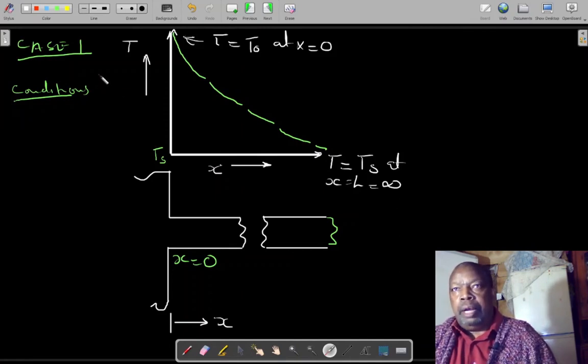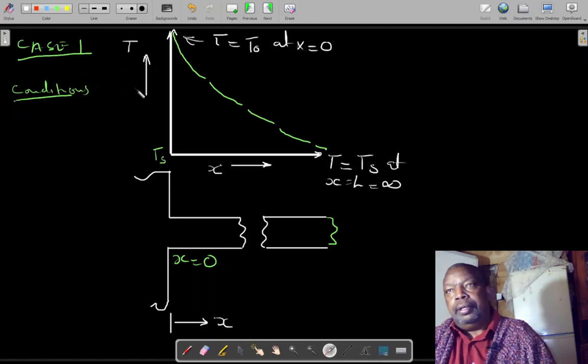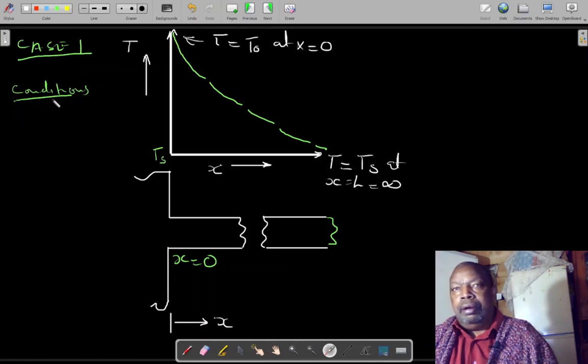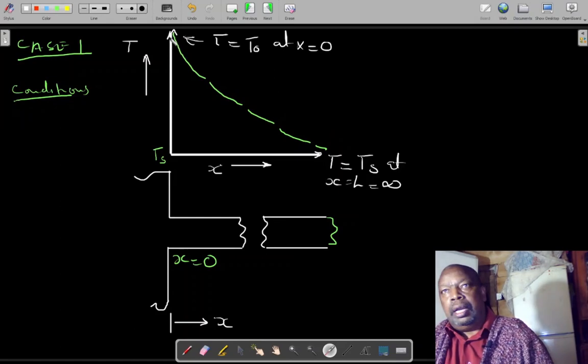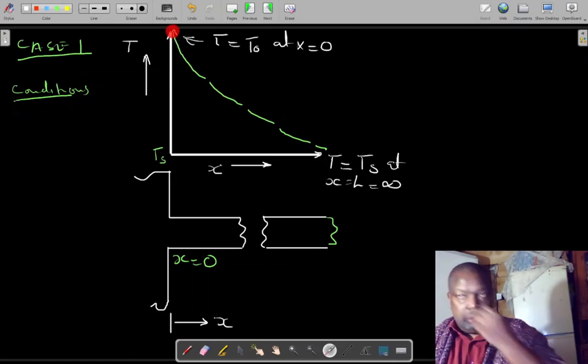That is whereby we consider a fin that is of an infinite length. So that will give us the temperature profile there. And at that position, when x is equal to 0, T is equal to T naught.